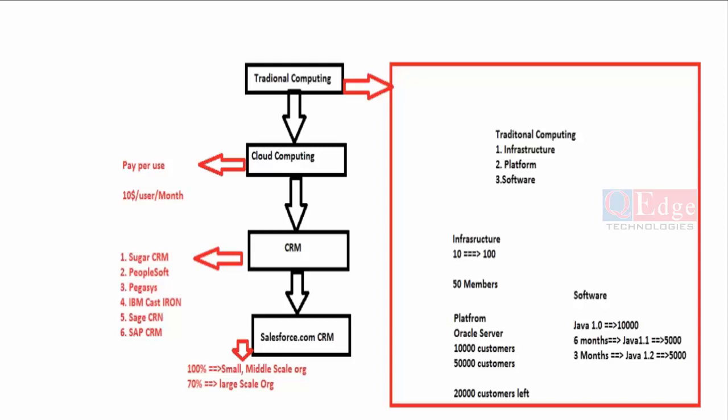What will you do? You will go to one of the software companies, explain the requirement, and finally you and the software company people will have a couple of discussions.